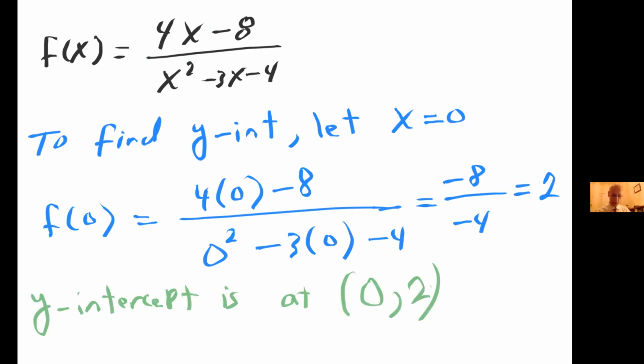The next part, we were asked to find the asymptotes. Going to the next page, we know that f of x equals 4x minus 8 over x minus 4, x plus 1.